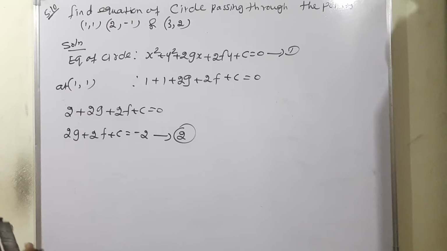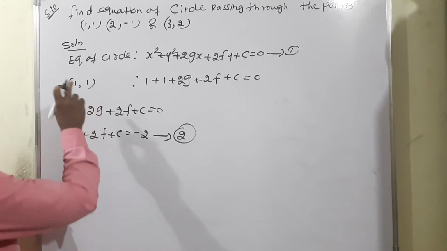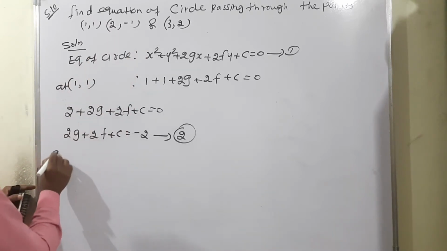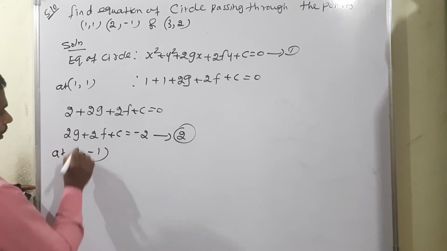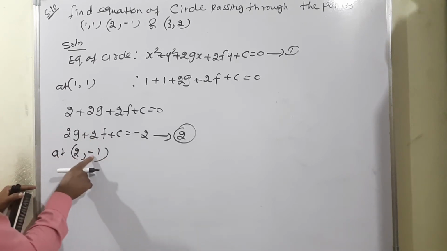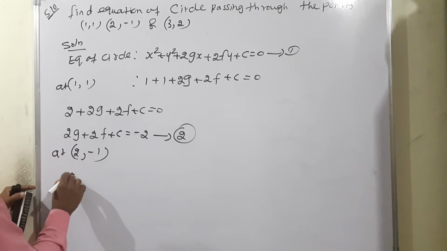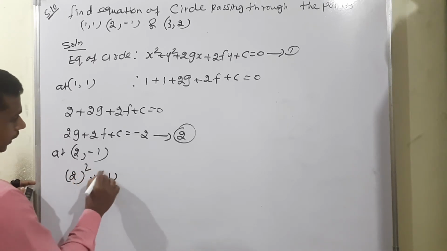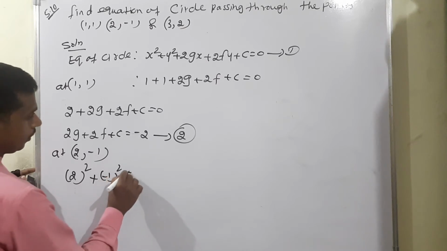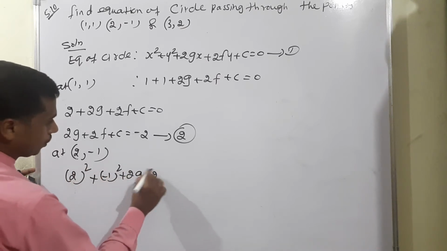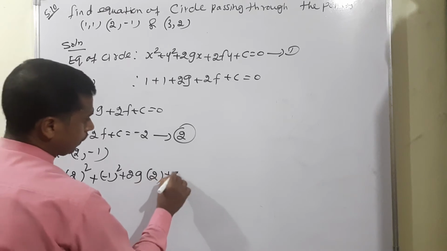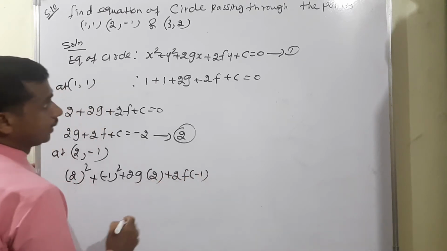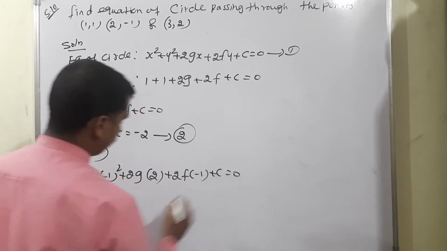Now, the next point, 2 comma minus 1. x means 2, y means minus 1. So, 2 square, then plus minus 1 the whole square, plus 2g into 2 plus 2f into minus 1 plus c is equal to 0.